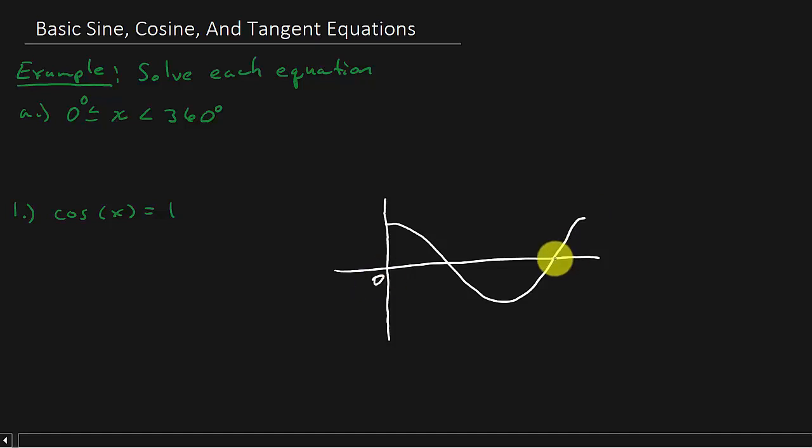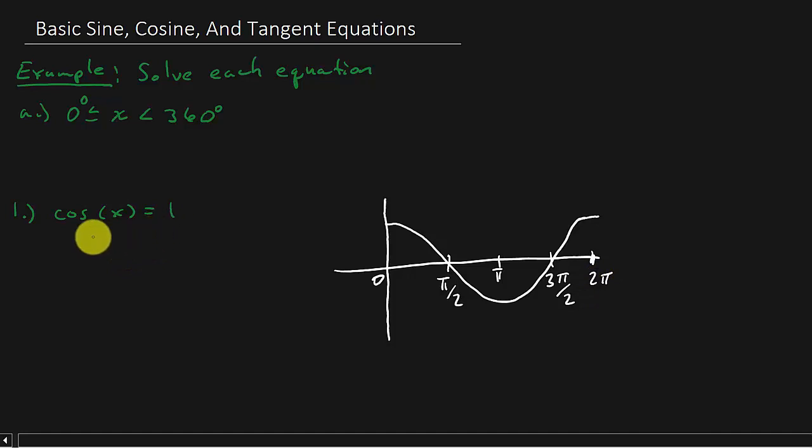This is 0, this is pi over 2, this is pi, this is 3 pi over 2, and this is 2 pi. And you know this is 0 degrees, 90 degrees, 180 degrees, 270 degrees, and 360 degrees.